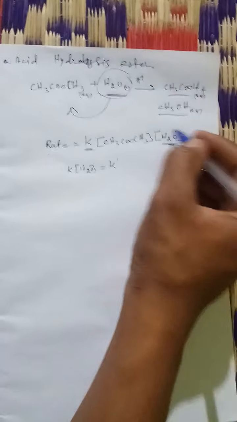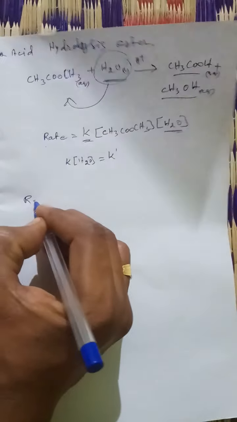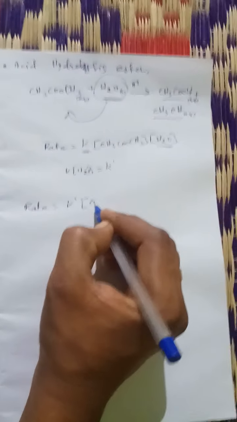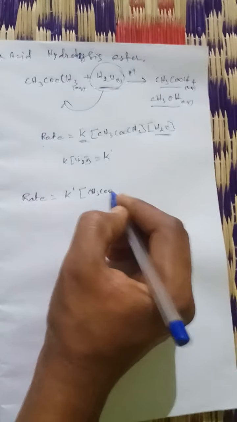Substituting in the previous expression, the rate of acid hydrolysis equals K dash into concentration of methyl acetate.